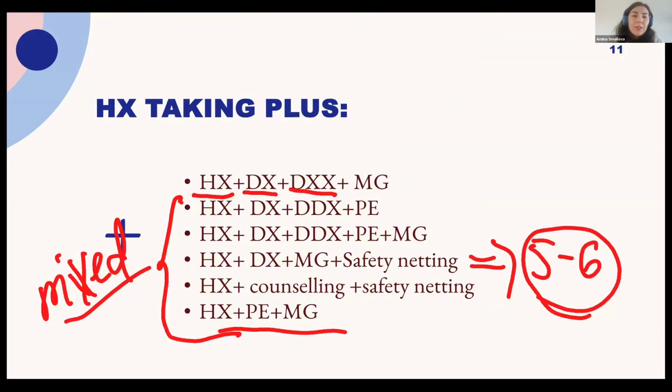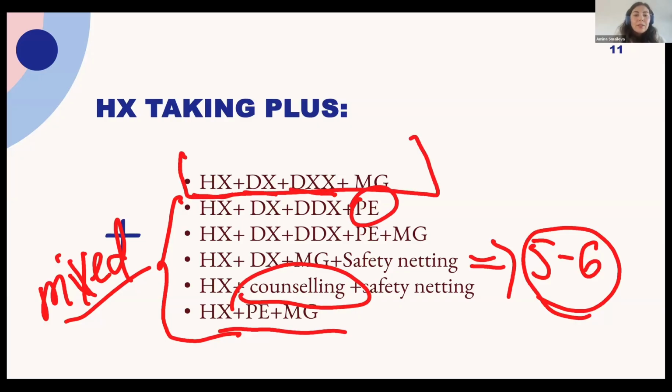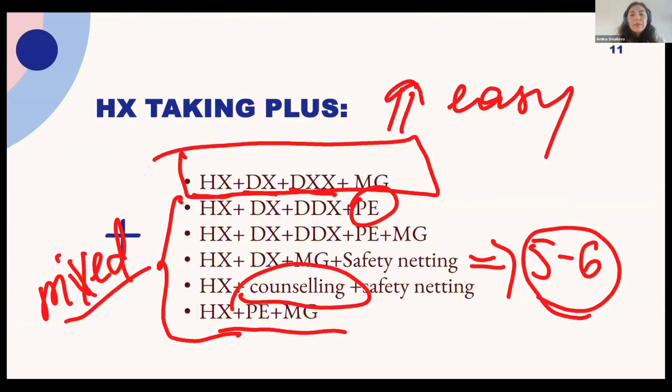Because you need to do physical examination, counseling, and all this stuff within 10 minutes. Imagine, within 10 minutes. Okay? So doing pure history taking is actually easier than this one.